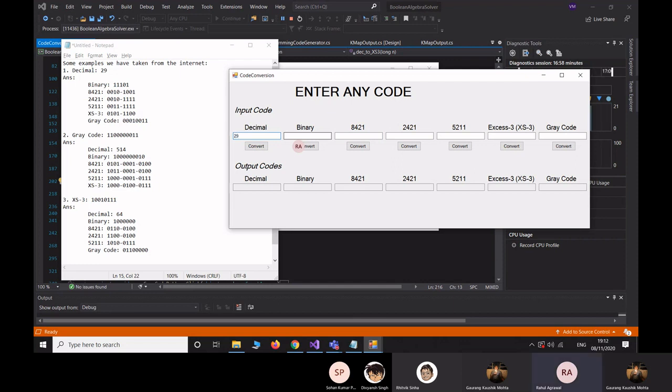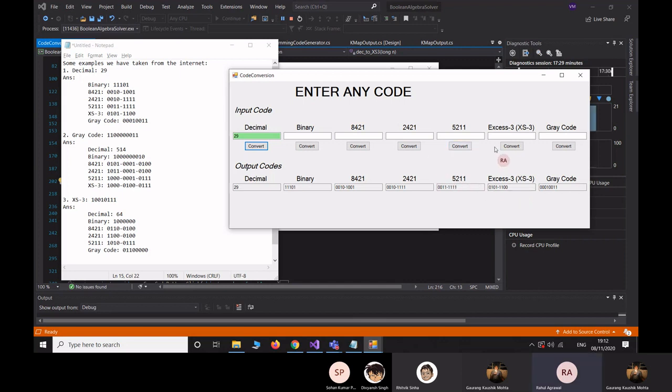After inputting 29 and clicking on convert, we get the following output codes: decimal as 29, binary as 11101, which we can see is correct. For 8421, this is the output, and we can verify from here that all the conversions are correct.